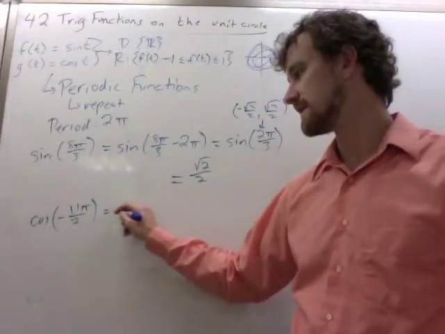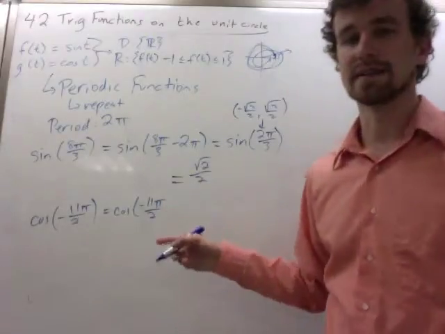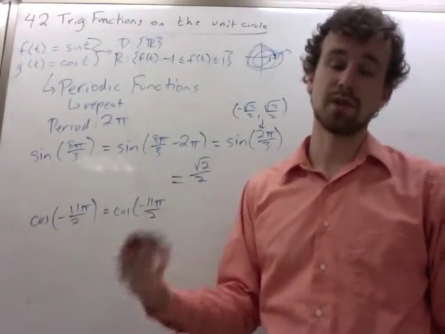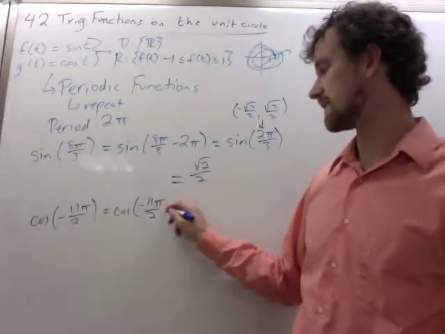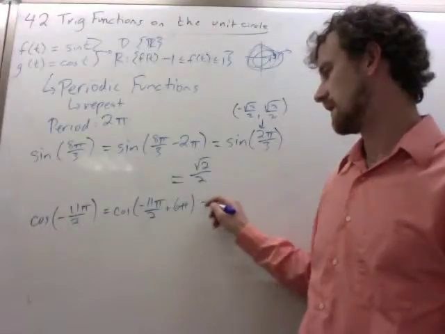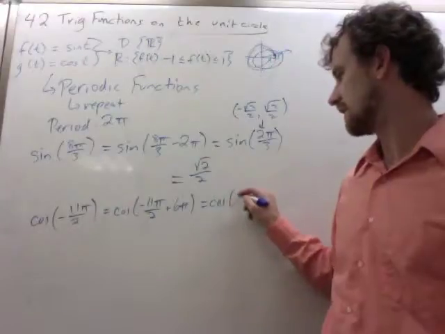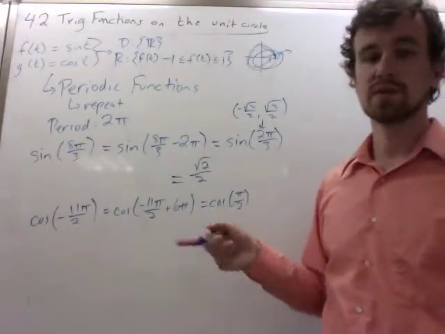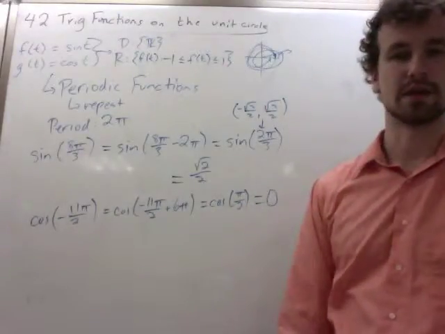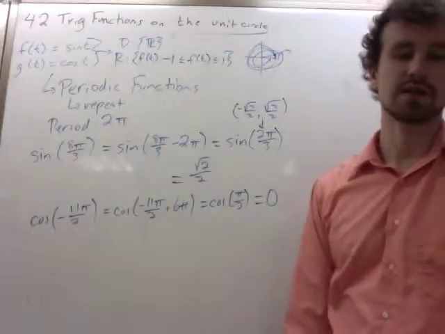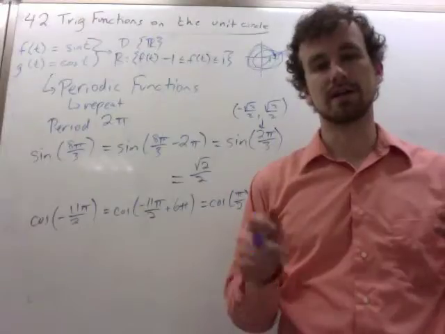Cosine of minus 11 pi over 2 is the same as the cosine of minus 11 pi over 2 plus 2 pi, or plus 4 pi, or plus 6 pi. 6 pi is going to be the most useful to us, because if we add 6 pi there, that's 12 pi over 2, and that becomes the cosine of pi over 2, which is one of the values that I'm having you memorize, so you should know that that's 0. So you can use the period to help you evaluate trig functions of angles that are not between 0 and 2 pi.